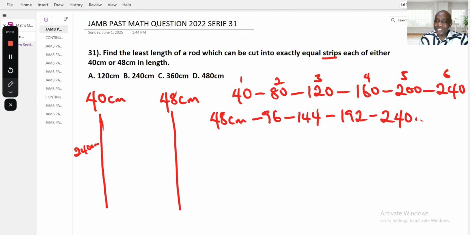You will see that if we cut this one rod into how many? This one is 1 rod, this one is 2, this one 3, this one 4, this one 5.